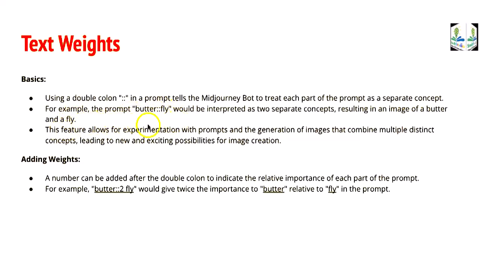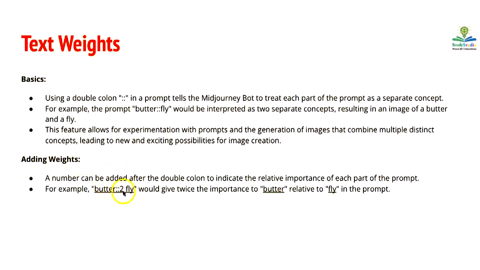So this feature allows for experimentation with prompts and the generation of images that combine multiple distinct concepts, leading to new exciting possibilities for image creation. The next thing that you can do here is assign a weight to the specific text that you want.